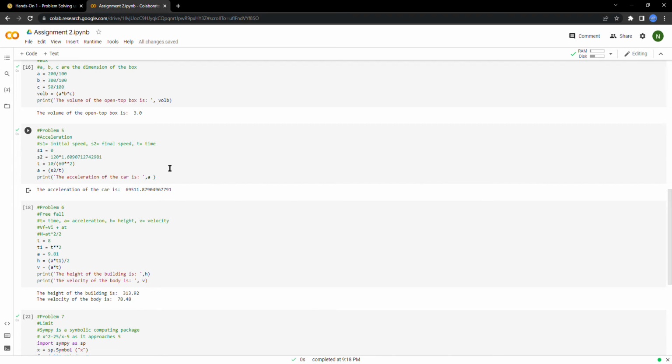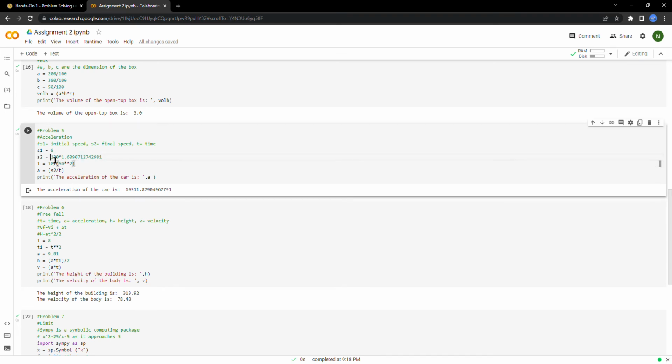Problem 5, we're finding the acceleration of a car that is initially at rest, then reaches a top speed of 120 mph in 10 seconds. We're finding it in km per hour squared. So we're converting 120, the top speed, to kmph, then converting our time of 10 seconds to hours.